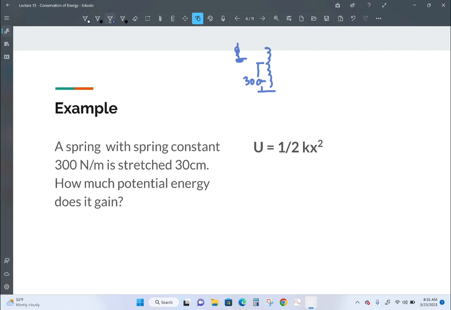So first of all, everything needs to be in standard units. So if K is in newtons per meter, then our stretch needs to be in meters. And 30 centimeters is 30 times 10 to the negative 2 meters, or 30 hundredths of a meter, 0.30 meters.